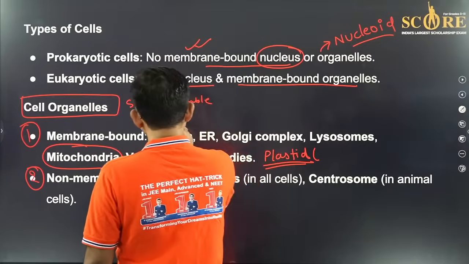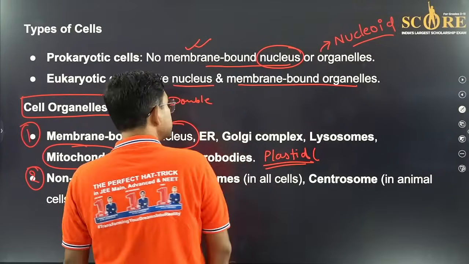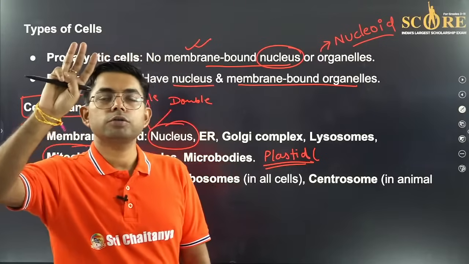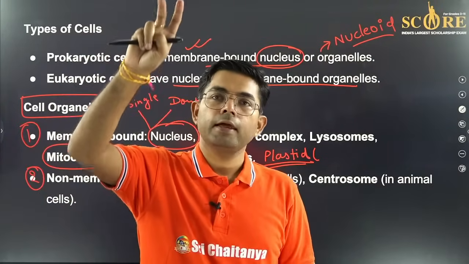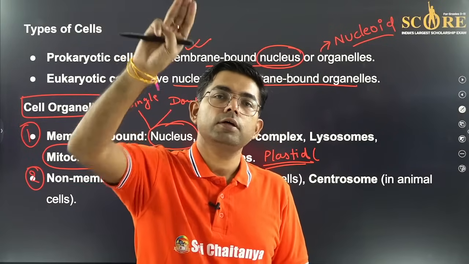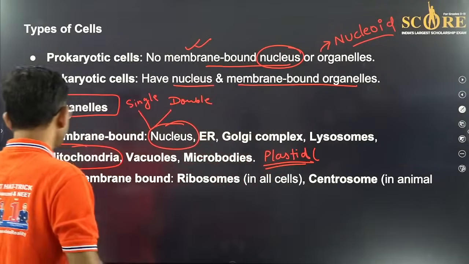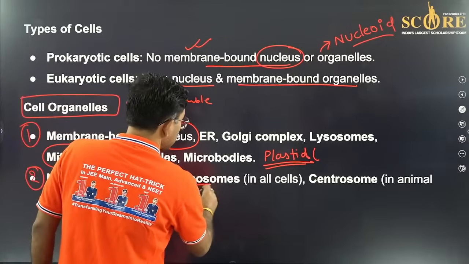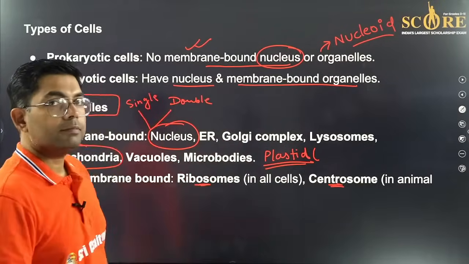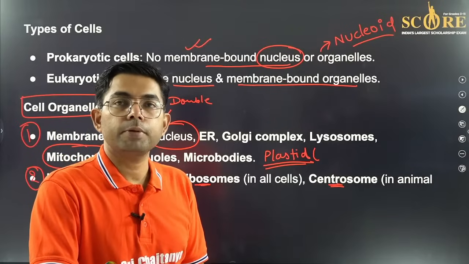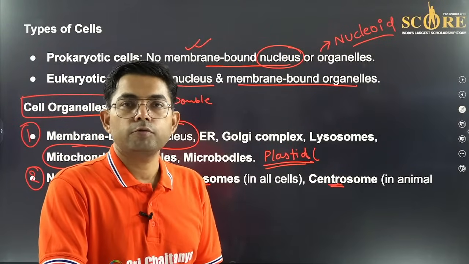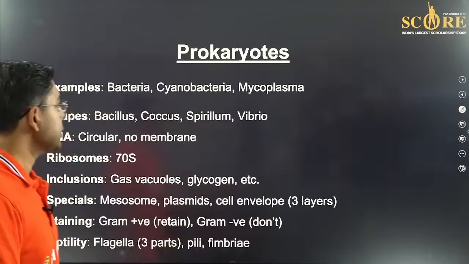Then nucleus is also double membrane. So remember, 3 double membrane bound cell organelles: nucleus, then mitochondria, and then plastid or the chloroplast. Non-membrane bound cell organelles: ribosome, centrosome. So a question can be asked, which of the following is double membrane bound, single membrane bound, without membrane bound cell organelle? So you can easily answer it.